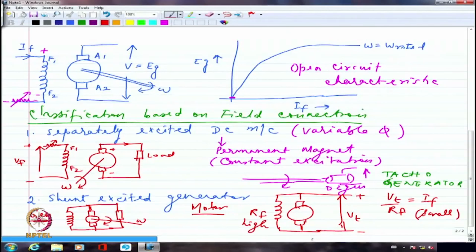So the shunt field will normally carry a very large number of turns with a small amount of current. Large number of turns means thin wires made into a huge number of turns, which is going to make the MMF high because of the number of turns being high, not because of the current being high.